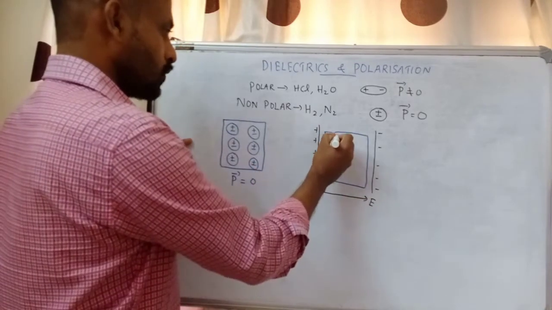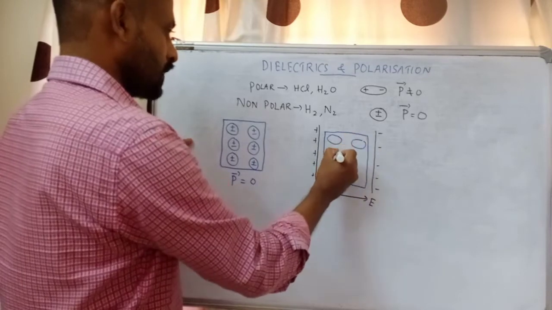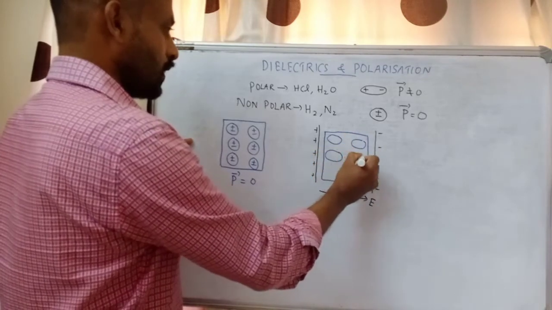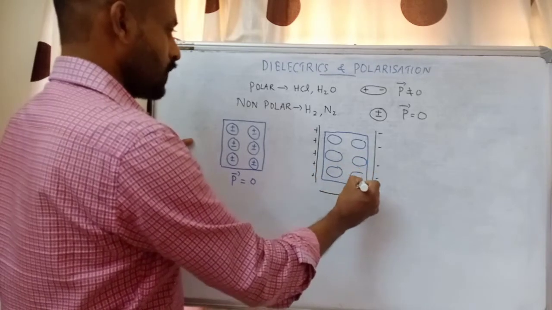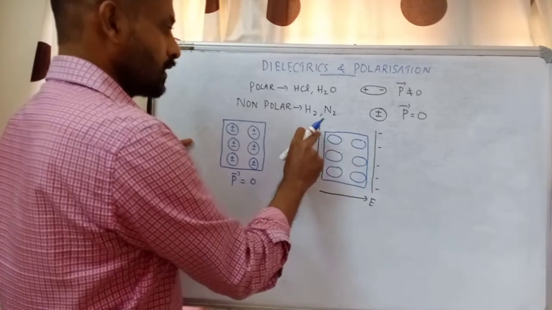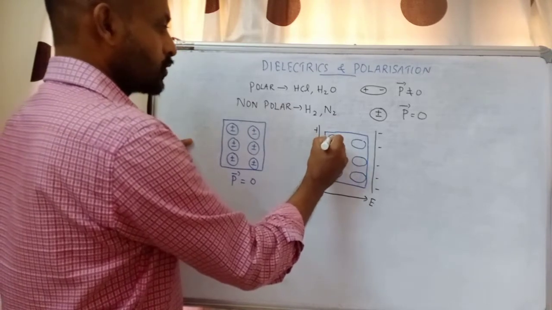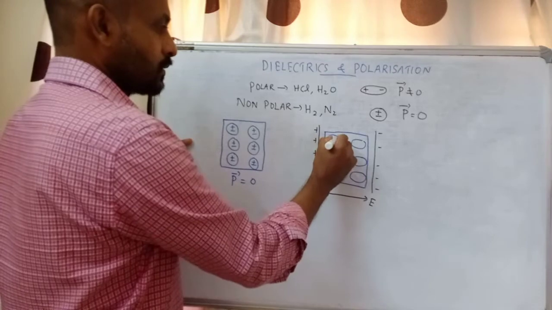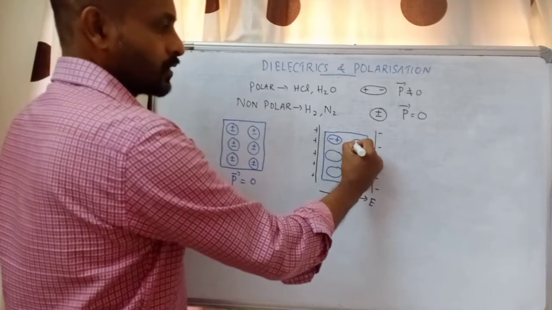Now for these 6 molecules there will be a slight change in the charges. So we can draw like this. These are the 6 molecules. But what happens is, because of the positive charge, the negative charge of this non-polar molecule will be attracted towards the positive charge. Plus comes here. Again this negative charge will attract the plus here and negative comes here.